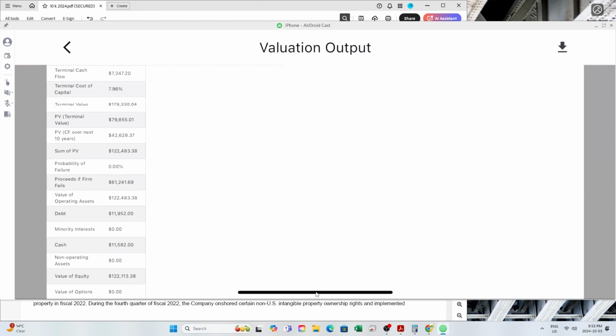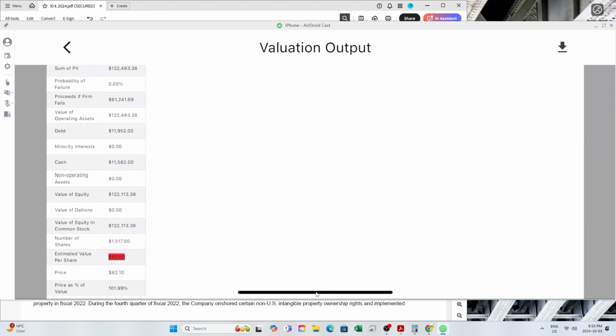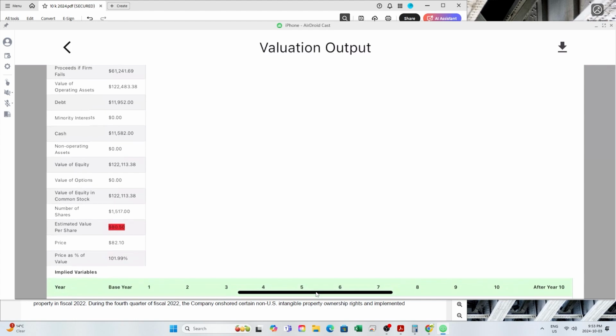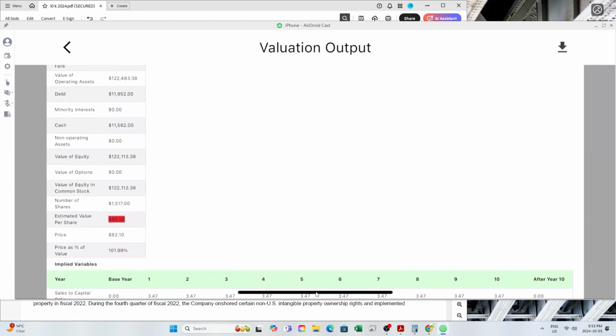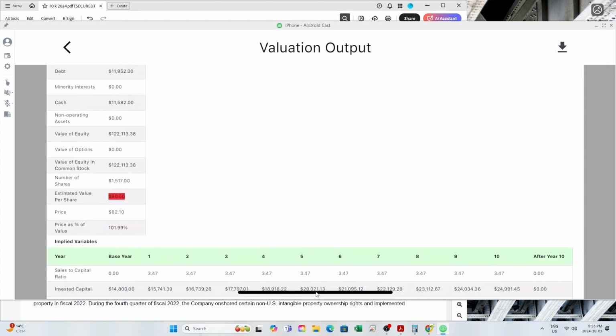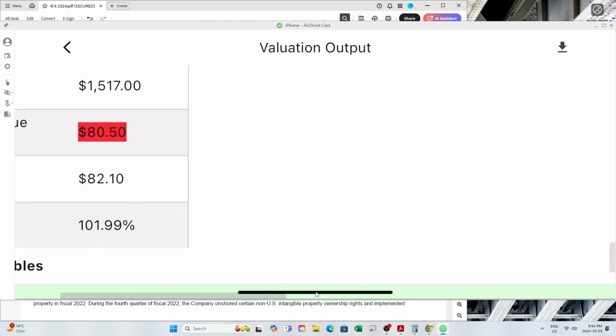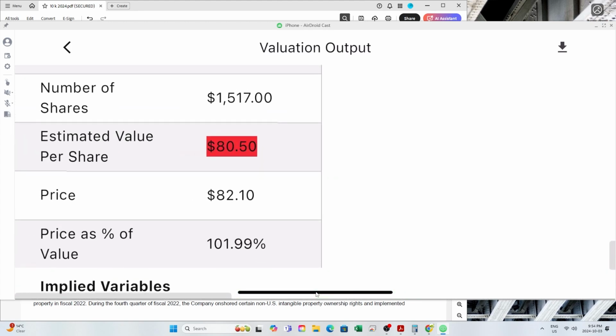Our terminal value is $178 billion, and its present value is $122 billion. If we divide our value of 122 billion by the number of shares outstanding, we get our estimated value per share, which is $80.50, as compared to the actual price of the stock, $82.10.